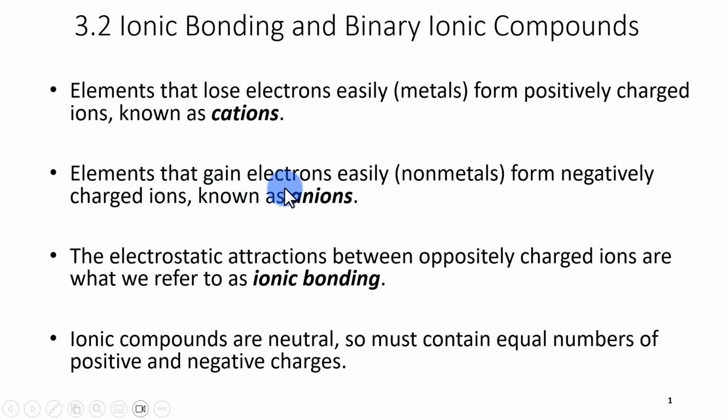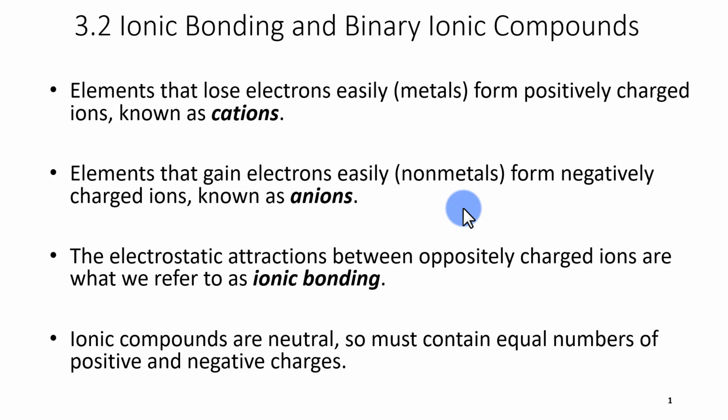Elements, however, that gain electrons easily are nonmetals. Think about the division of the periodic table and where these are found. These form negatively charged ions, which are known as anions. We have negatively charged ions because we are now gaining electrons, which carry negative charge.